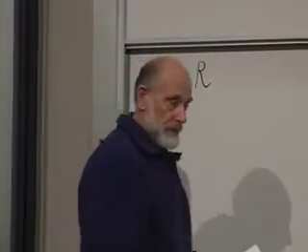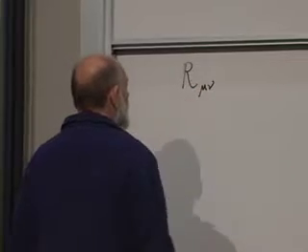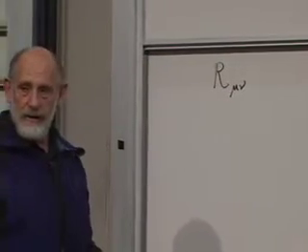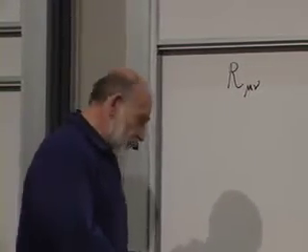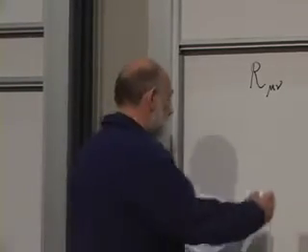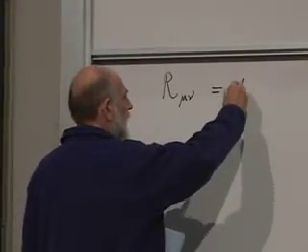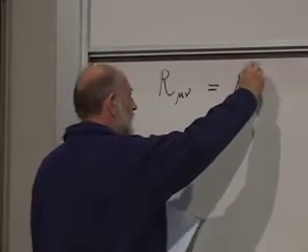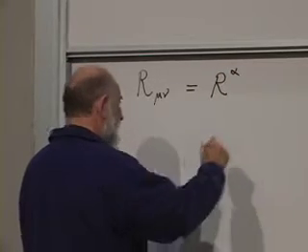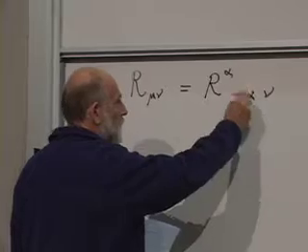The Ricci tensor doesn't have 4 indices, it has 2. In that sense, it's easier than the Riemann tensor. But the only way to get the Ricci tensor is to know the Riemann tensor first. And it's gotten from the Riemann tensor by taking the upper index here, mu, alpha, nu, and contracting it.